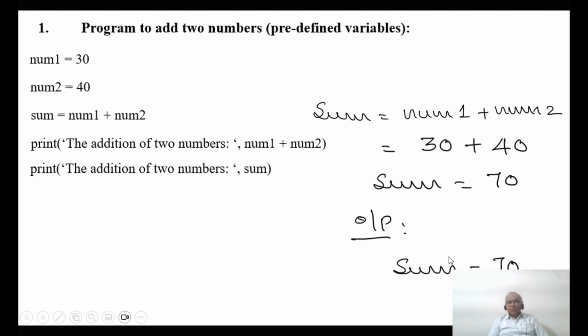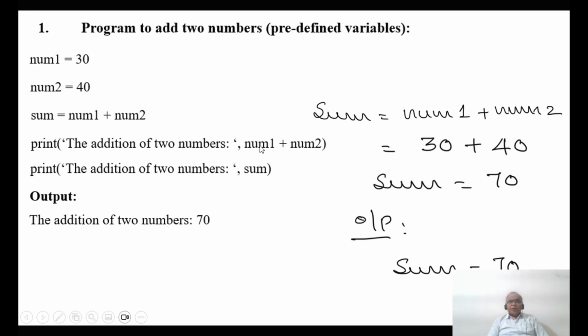So what is the output? The sum is equal to 70. So the output is the addition of two numbers. Whatever is there in the print function is going to be printed here. And we are calling the variable sum. What is the value of sum? Sum is equal to num1 plus num2, which is 30 plus 40, which becomes 70.